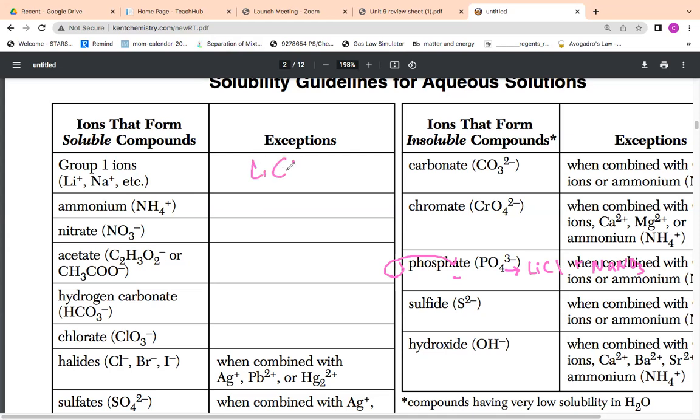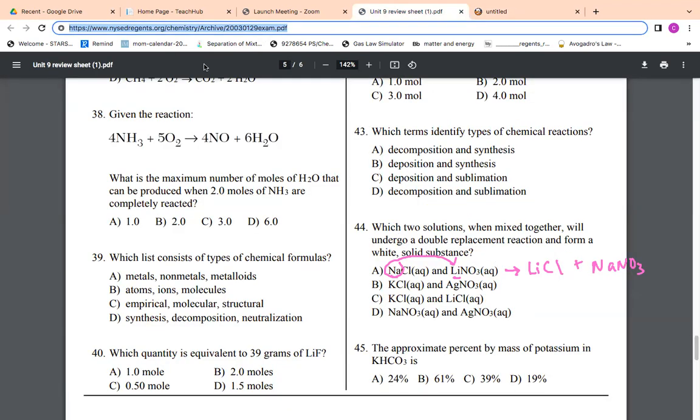It was LiCl and NaNO3. I can see right here, anything with Li or anything with Na, they're both soluble. So this reaction doesn't work. Again, at least one needs to be insoluble. So it's not A.